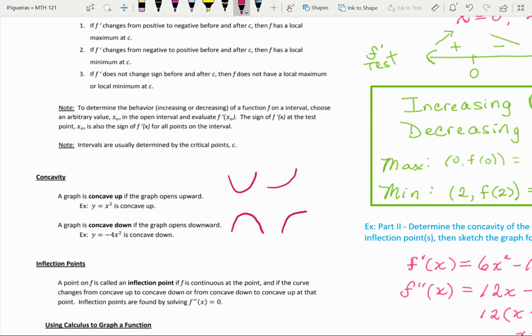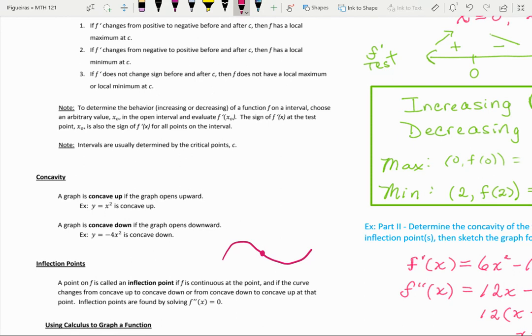An inflection point occurs when a graph changes from concave up to concave down, or from concave down to concave up. So for example, something like this would have an inflection point, I would guess about here, because the graph changes from concave down to concave up.